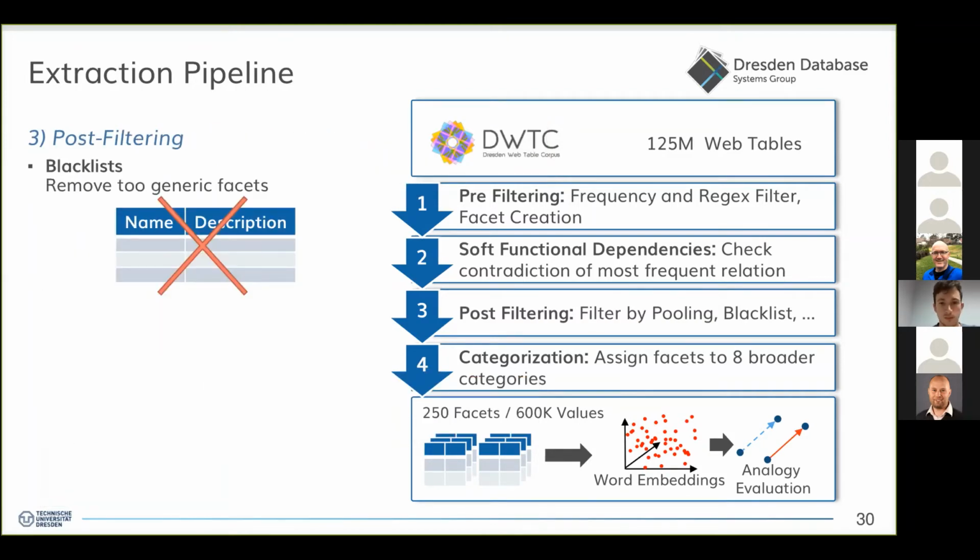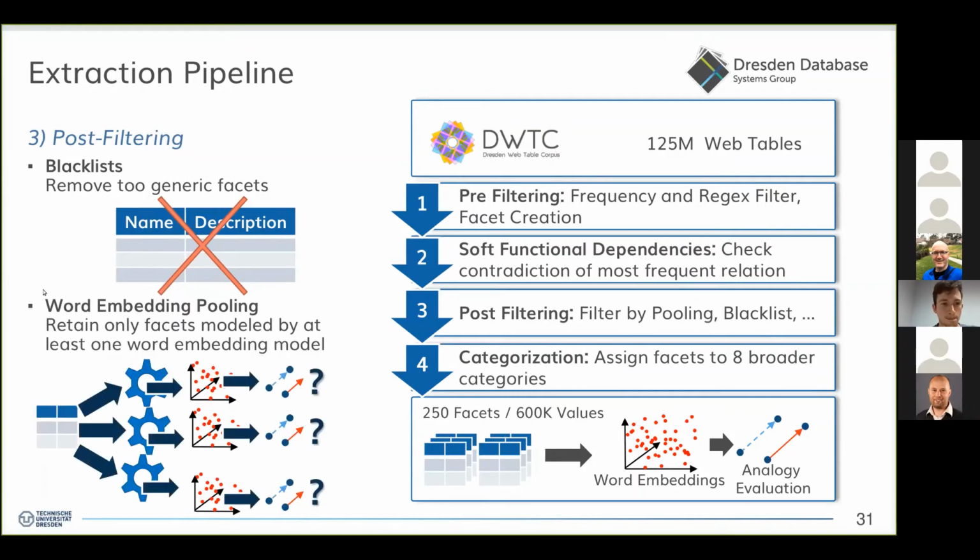In the third step, we want to exclude too generic facets by applying some blacklists on the headers of the object and the value set of our facets. Something like name or description would not make up a good facet for domain-specific evaluation, for example. And then we also apply word embedding pooling.